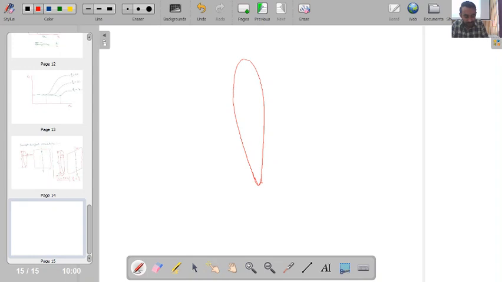Then if you see the aerofoil, it is something like this. From the top, it is not straight, it is like this, because this type of sweeping actually increases the critical Mach number which is required.